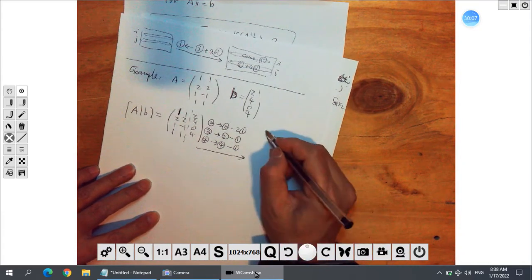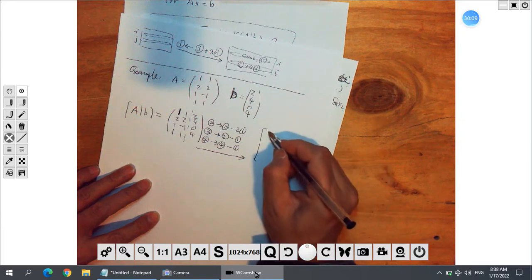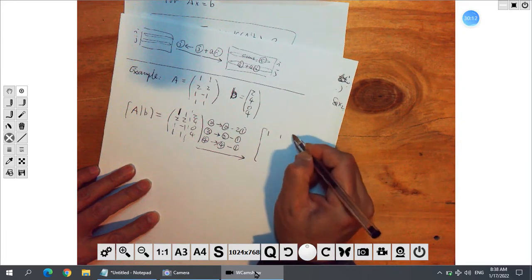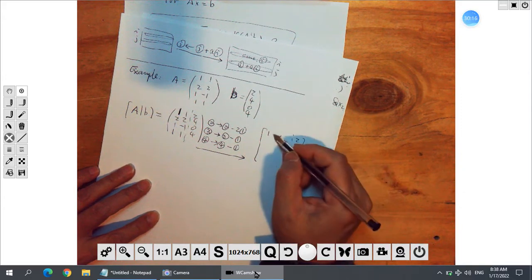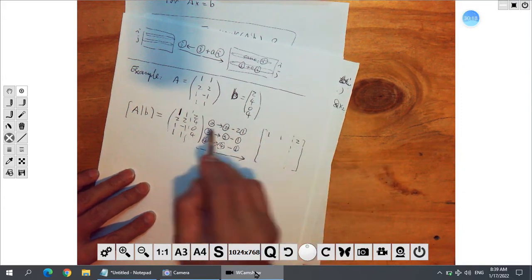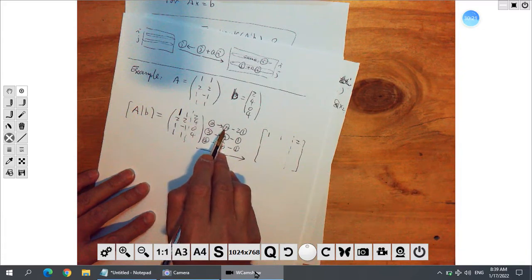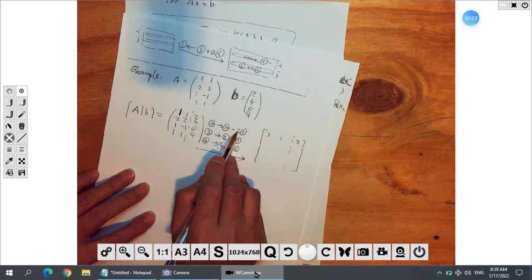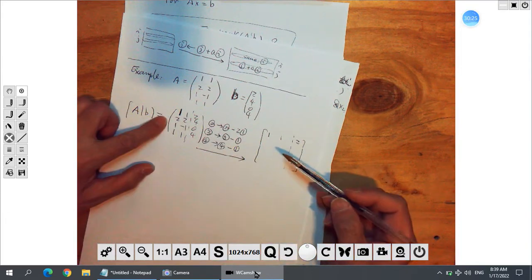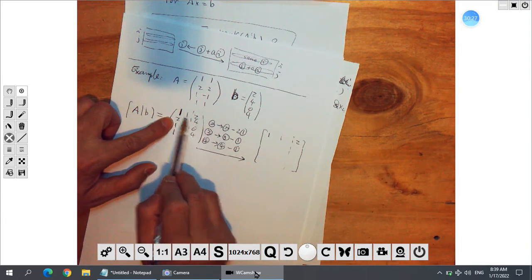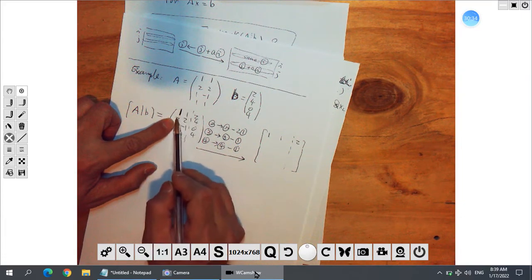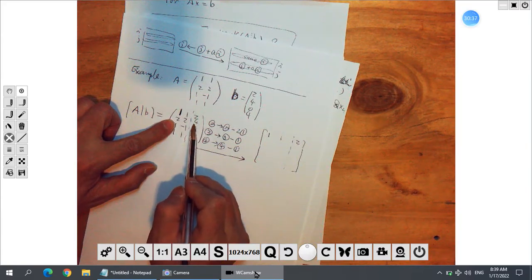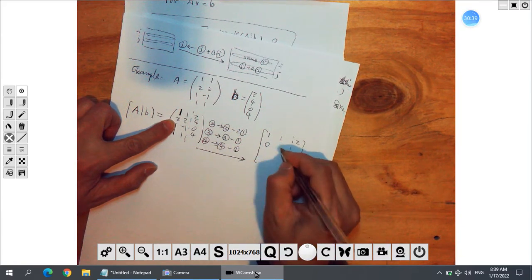Then what is the result? 1, 1, 2; we didn't do anything on the first line. Second line is 2, 2, 4 minus first line 1, 1, 2 times 2, so 2 minus 2, 2 minus 2, and 4 minus 4. So 0, 0, and 0.